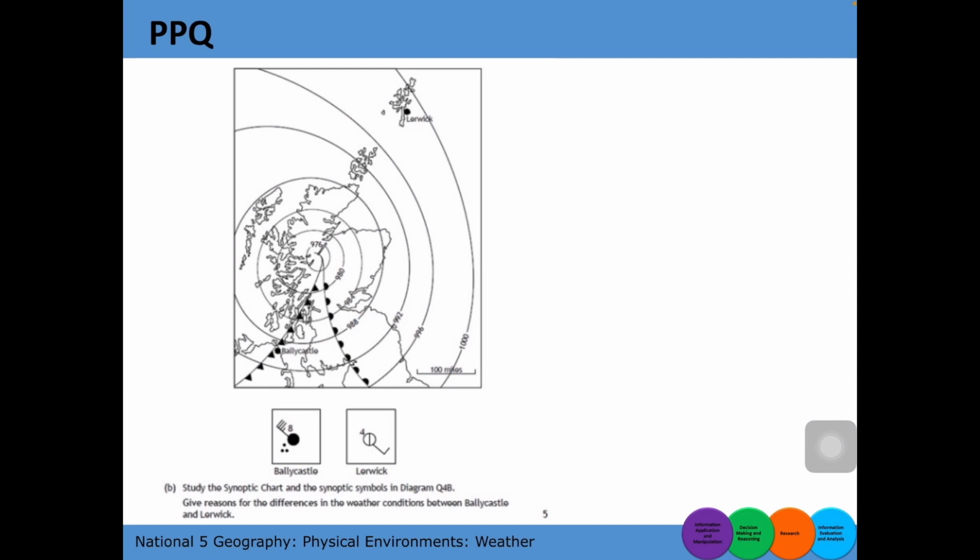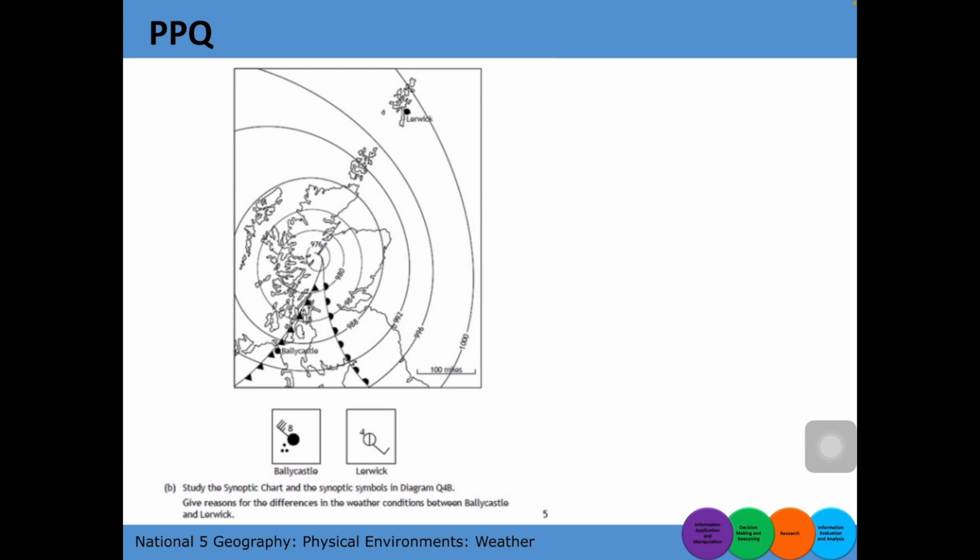The next point I would make reference to is the wind speed. There are 45 knots of wind speed in Ballycastle, whereas there are 10 knots of wind speed in Limerick. This is because the isobars are close together in Ballycastle, whereas they are spread further apart in Limerick. My final point for my 5th mark will be temperature.